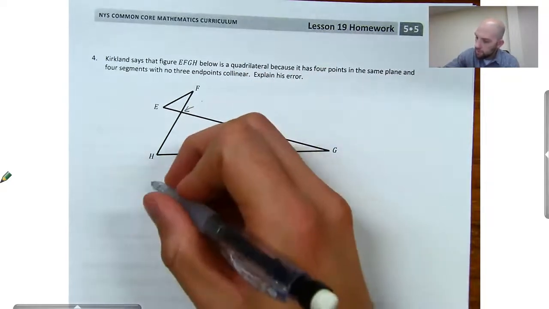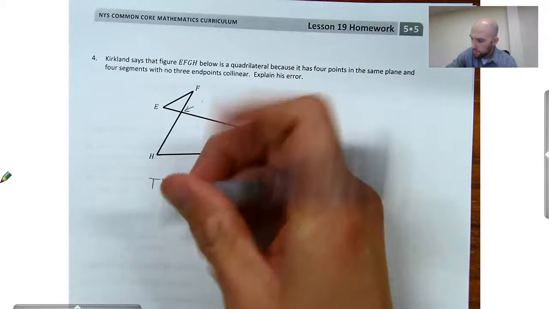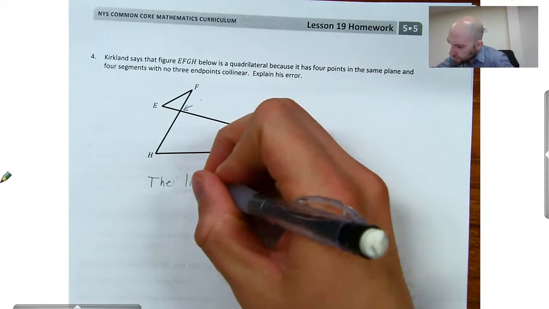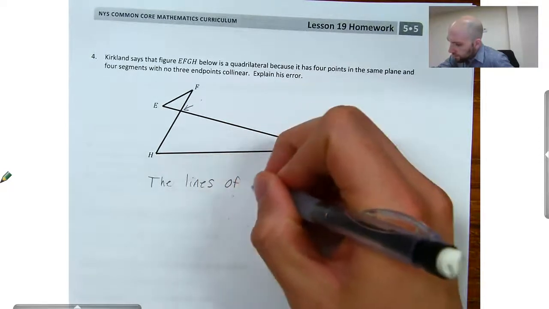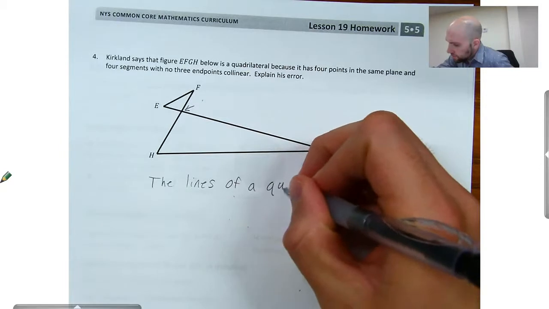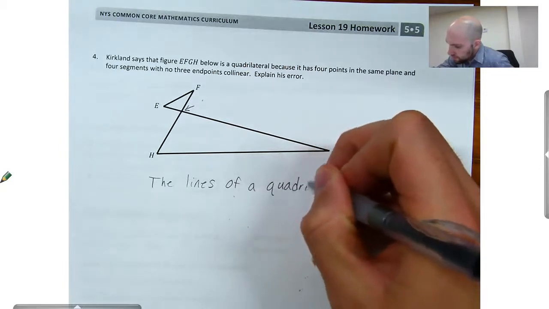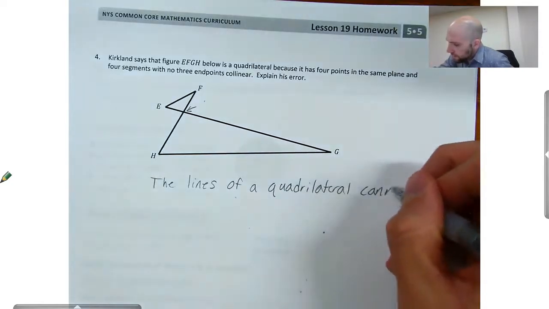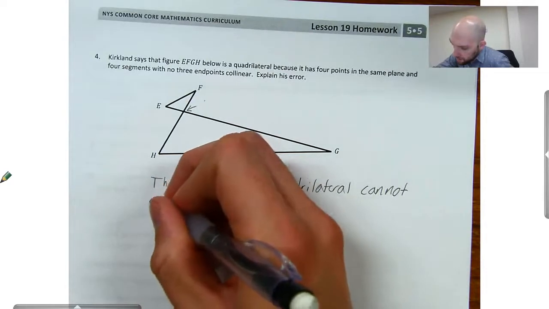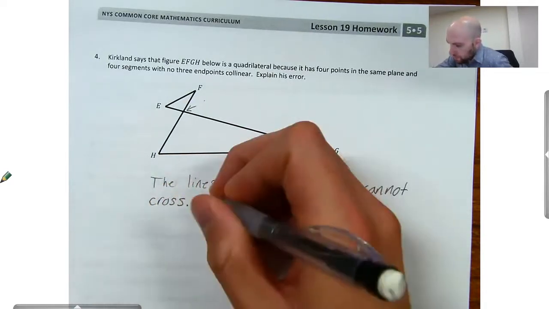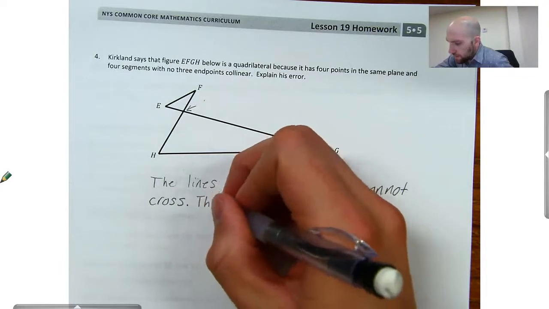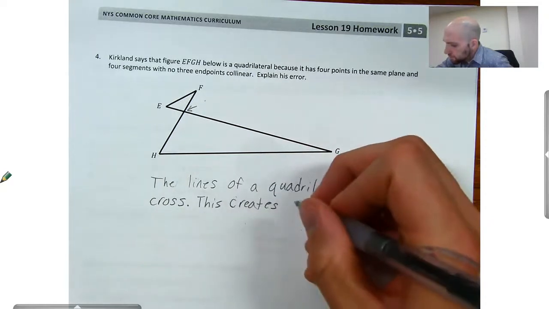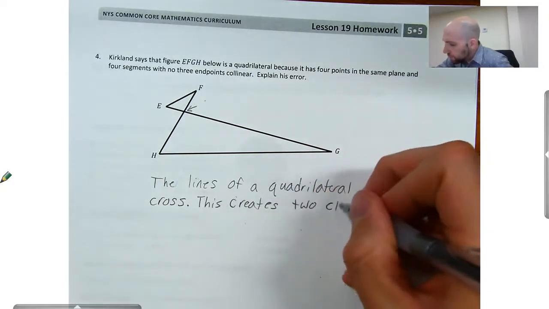So the lines of a quadrilateral cannot cross. This creates two closed figures.